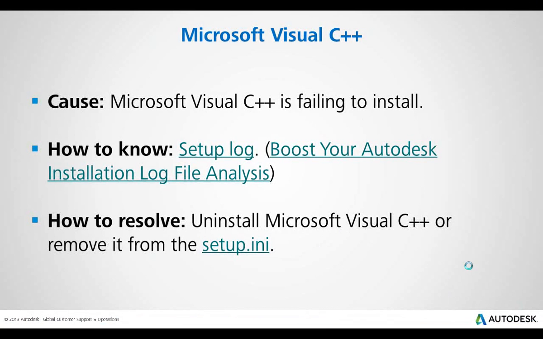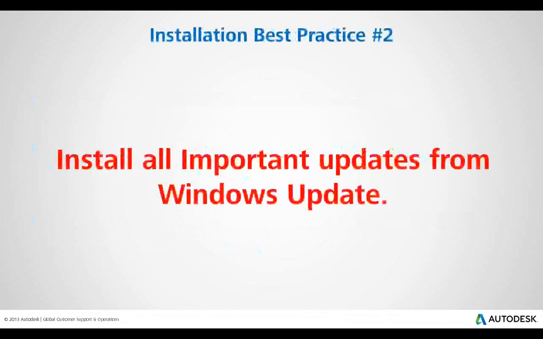Now this leads to our next best practice here. Install all important updates from Windows Update. It's almost a two-edged sword doing this, because especially if you're installing an older version of software, like a 2012 version, you actually need an older version of something like the Microsoft .NET or the Visual C++ installed.